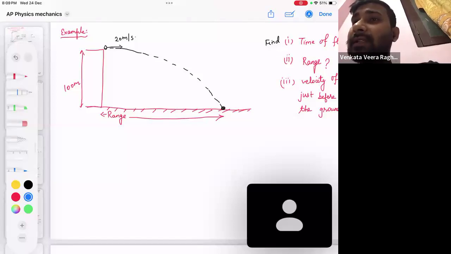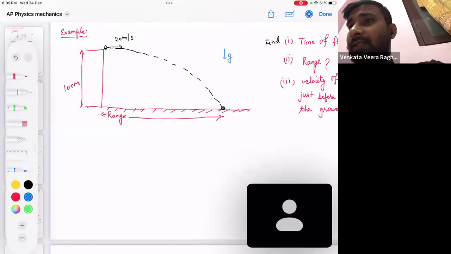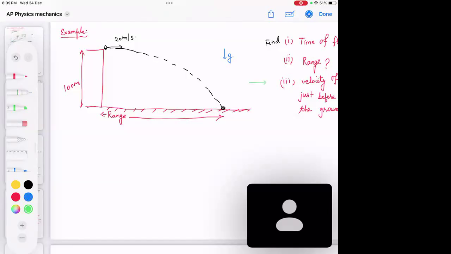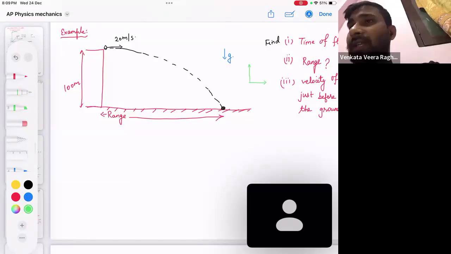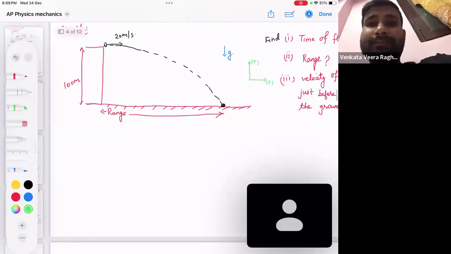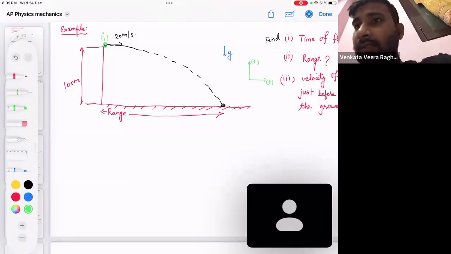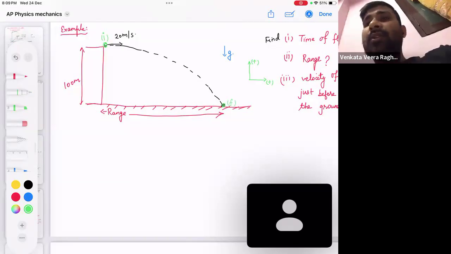But can we apply the equation of motion here? That is always applicable, isn't it? Before applying, let's see which is my positive direction. So this is my positive direction. Is that clear? This is our initial point. This is our final point. Now look at that initial and final point.